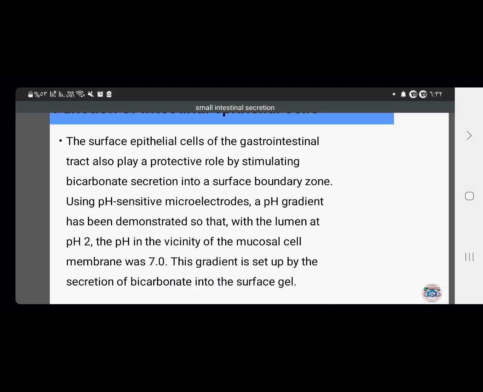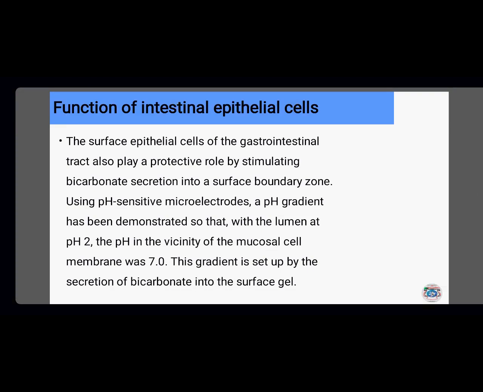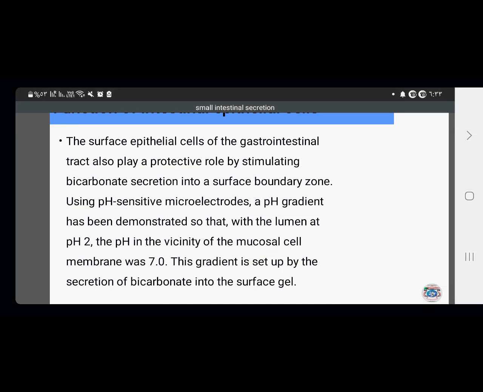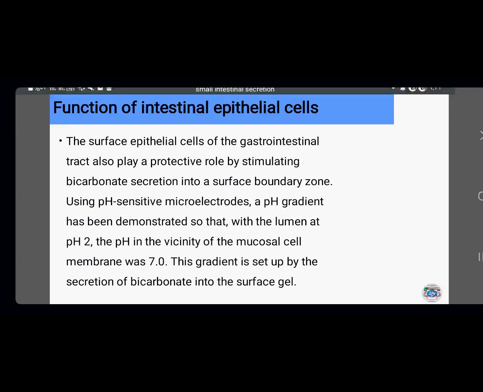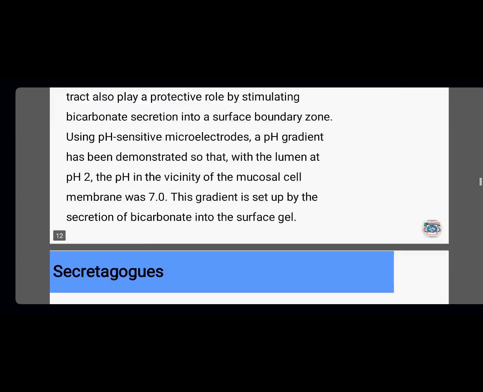That means the difference is 5 pH units, which is not easy. All this difference is due to the presence of bicarbonate in the intestinal lumen. This gradient is set up by the secretion of bicarbonate into the surface gel.